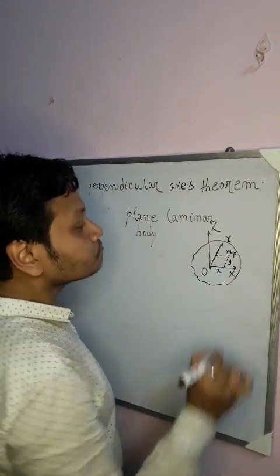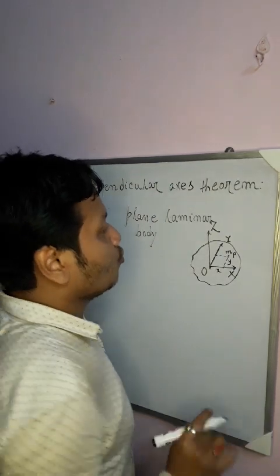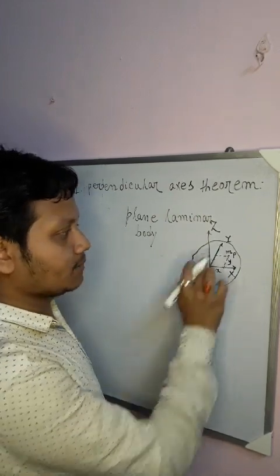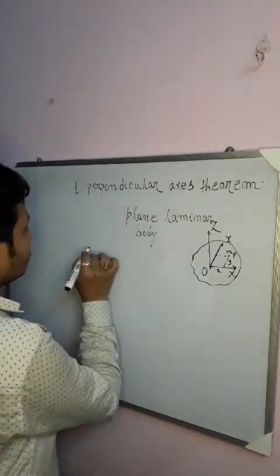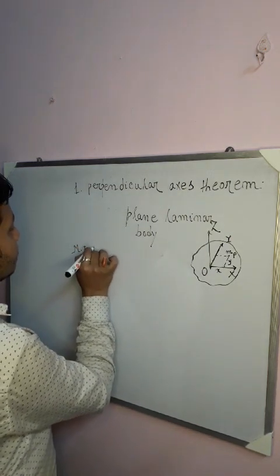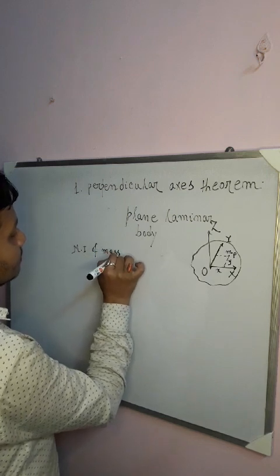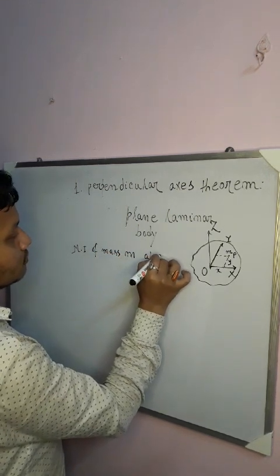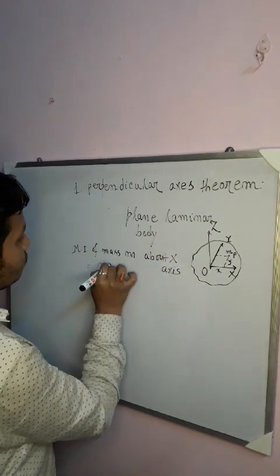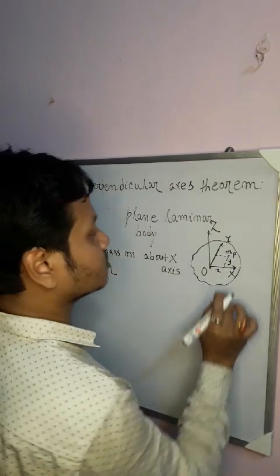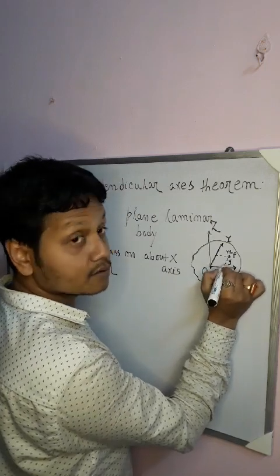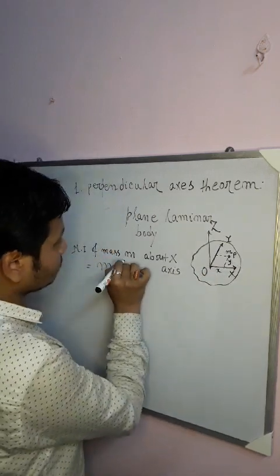At first, what will be the moment of inertia of the particle of mass m about the x-axis? It is the mass into the perpendicular distance, that is y, so mass into y square.